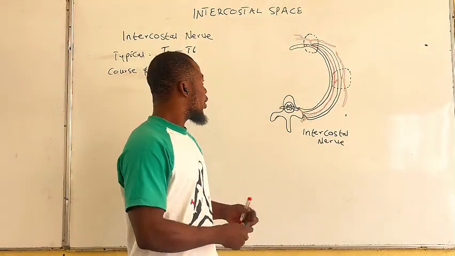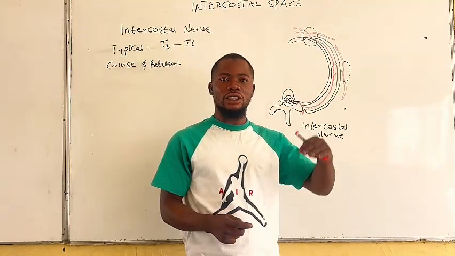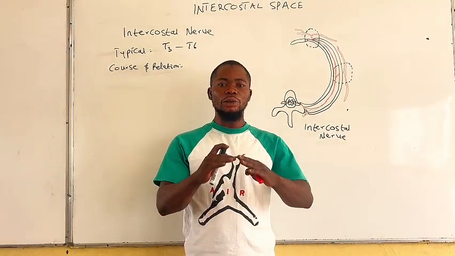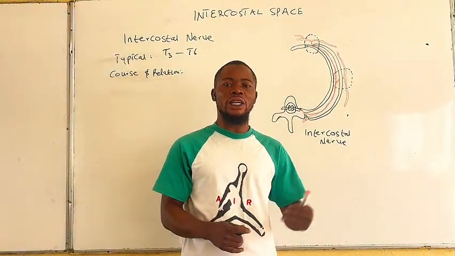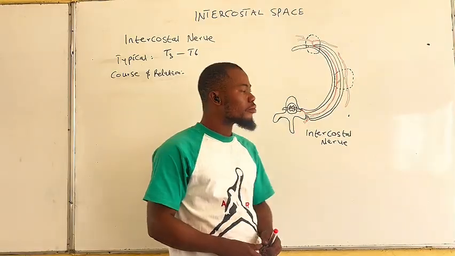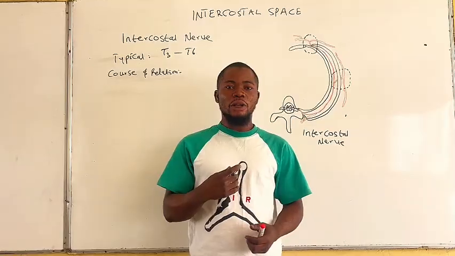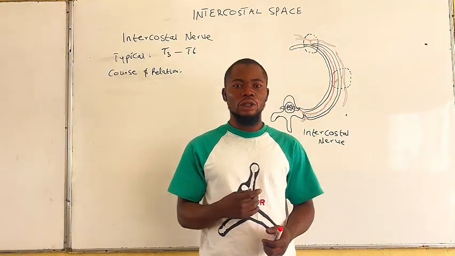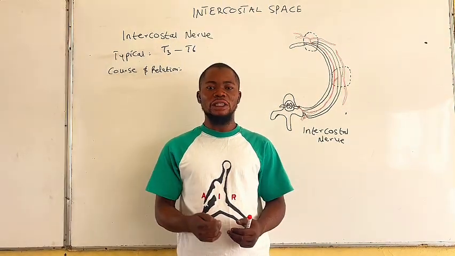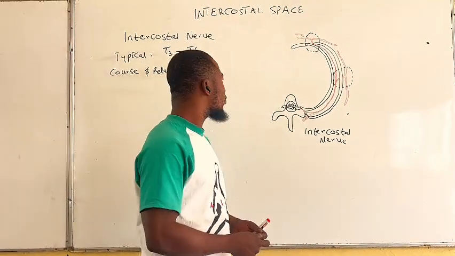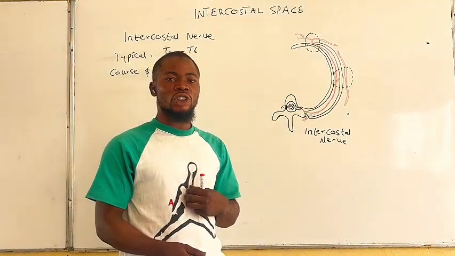The intercostal nerve is located between the intercostal artery and the intercostal vein. So they form the neurovascular bundle, which is located between the internal intercostal muscle and the innermost intercostal muscle. At the sternal end of the intercostal space, the intercostal nerve pierces the innermost intercostal muscle, the anterior intercostal membrane, and pectoralis major, where it terminates as the anterior cutaneous nerve.